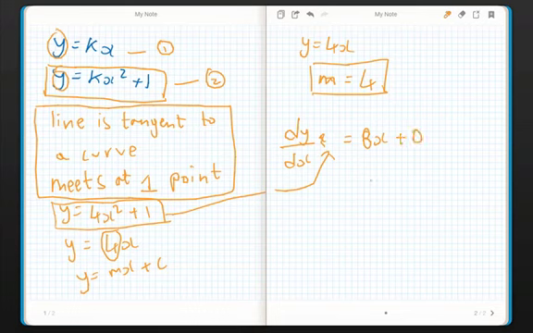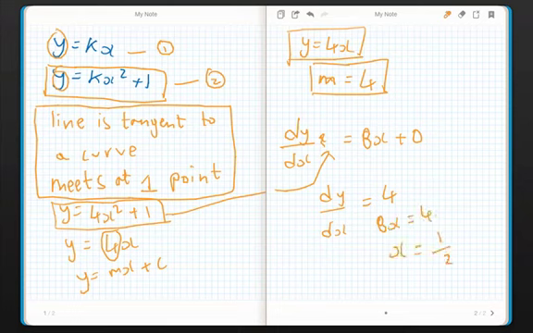I hope you see how I got that there. Now we want dy/dx equal to 4, because we want to know at which point of the curve our slope is equal to 4. That is, our slope is equal to the slope of this line. That's where the tangent will be. So we have 8x = 4, x = 1/2.